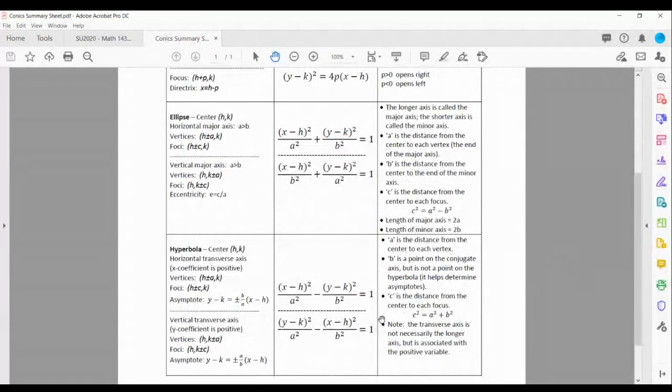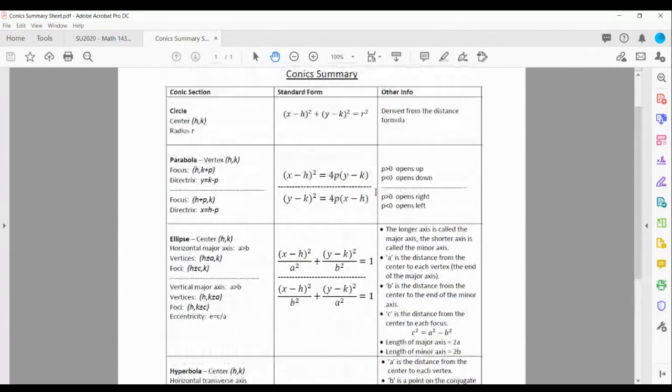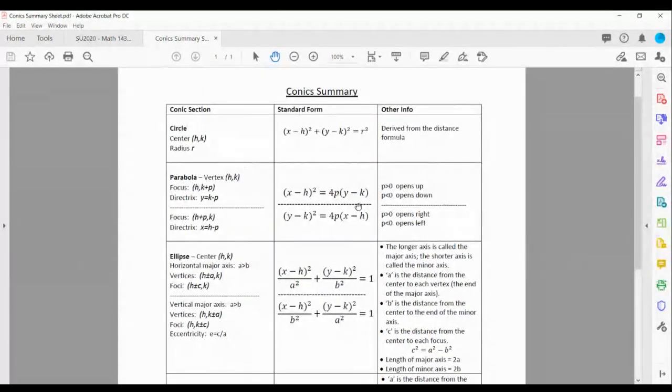Well, if I look at these, an ellipse and a hyperbola, those equations have denominators, and we're using A and B for those denominators. There is not a denominator for a circle or a parabola, unless you wanted to consider one.